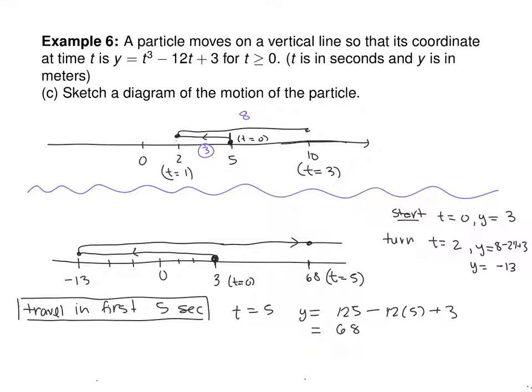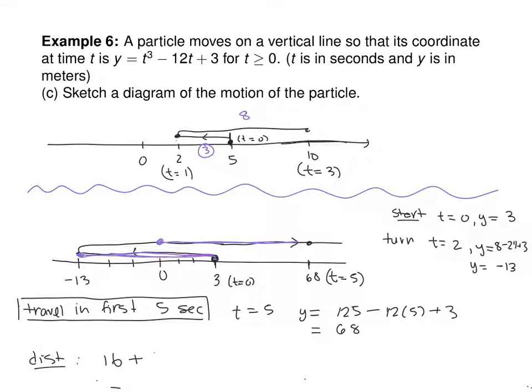Okay, so figure out how far this thing traveled. So how far from the 3 to that negative 13? 16. Plus 68. You did this part, that's the 16, right? No, it's 32. And if you do 68, that adds on this part, right?